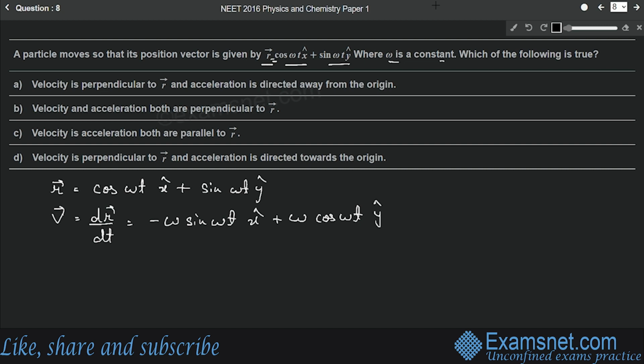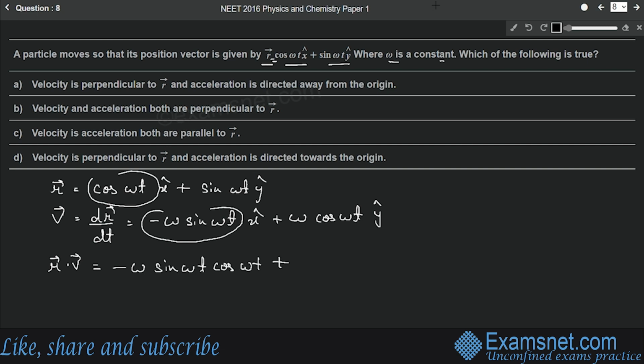This is the velocity vector. So let's find out the dot product of position vector and velocity vector. This will show the relation between these two. Here we have cos omega t x cap, and this side we have minus omega sin omega t x cap. So the product will be minus omega sin omega t cos omega t.